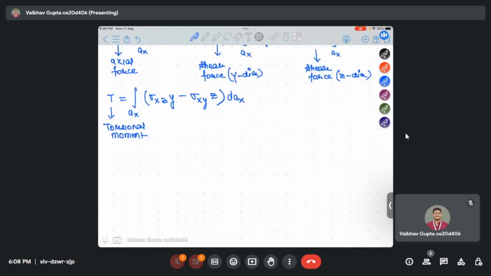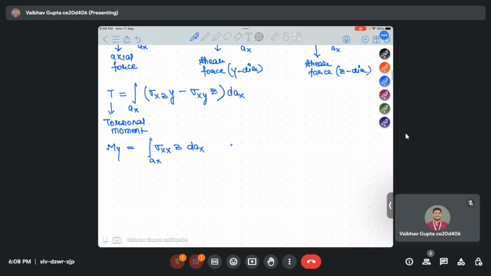And bending moment along y direction is My equal to the area integral of sigma xx into z dAx, and bending moment along z direction is equal to negative of sigma xx into y dAx.